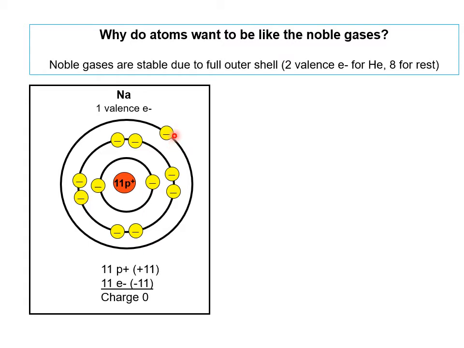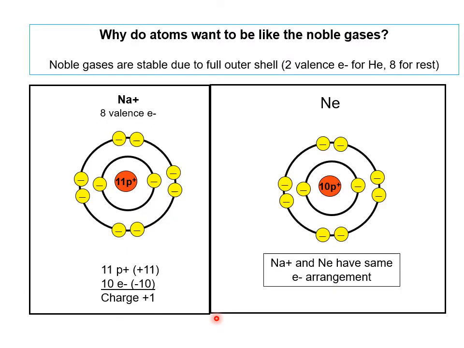If sodium loses that 1 electron, then the next orbit will now be the valence shell, and it'll have 8 valence electrons in it. So sodium loses that 1 electron, and so now it has the same electron configuration, or the same arrangement of electrons with 8 valence electrons in the outer shell, just like neon.